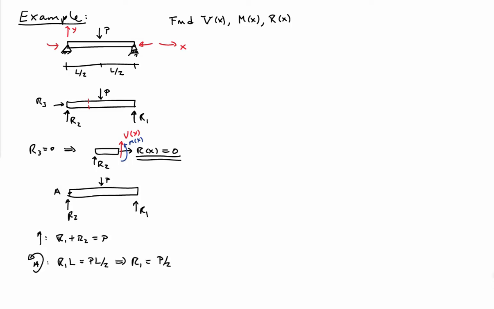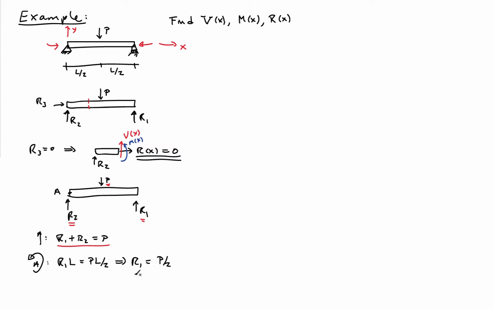Now, if I go back to my original free body diagram of the whole beam, I have the force P acting downwards, and then I have the two support reactions in the vertical direction, R2 and R1. The sum of the forces in the vertical direction says that R1 plus R2 is equal to P. If I take moments about the left end, which I've labeled A, I find that R1 times L is equal to P times L over 2.